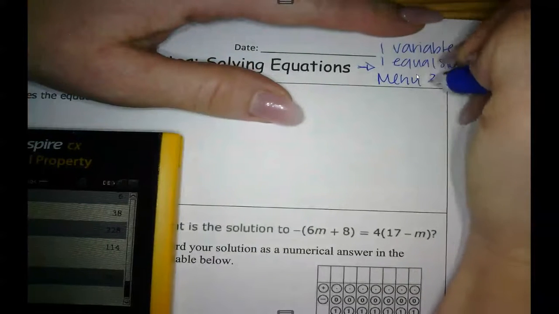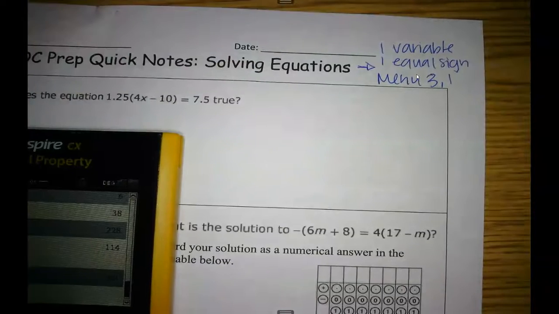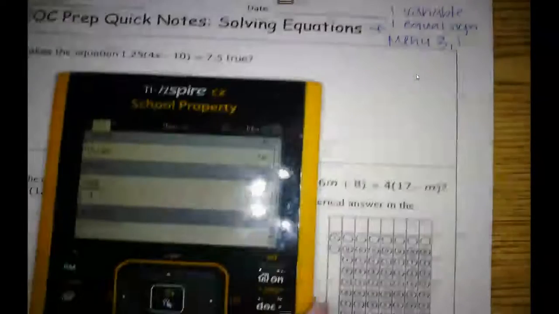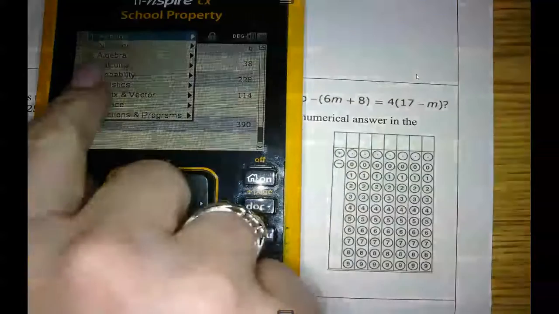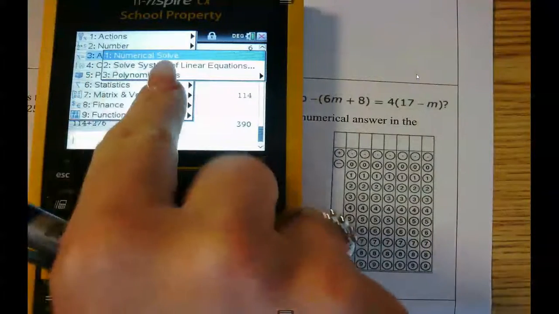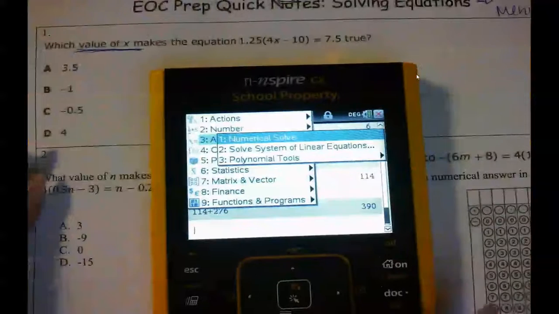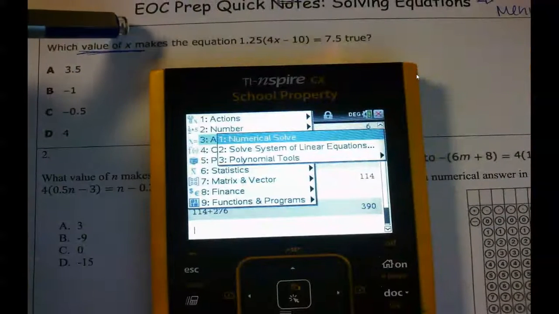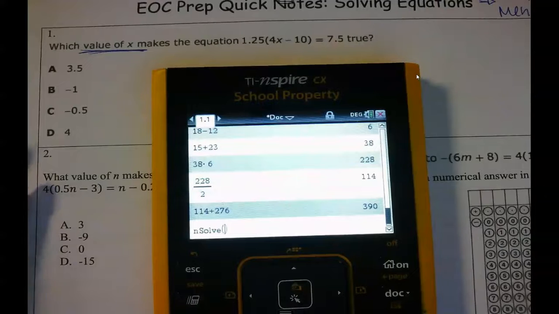If you can't remember menu 3-1, those specific steps, look in my calculator. When I go to menu, we're in algebra class, that's 3. 1 is numerical solve. That's all I'm doing for this question: solving for x. When it says what is the value of x, it means I'm solving.